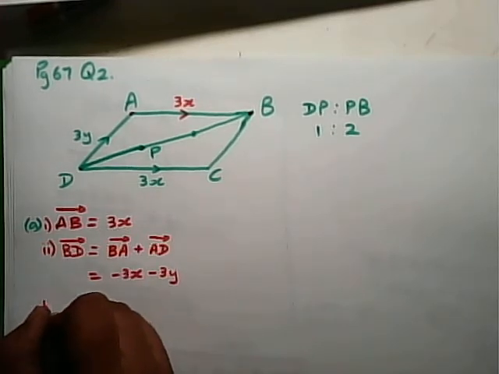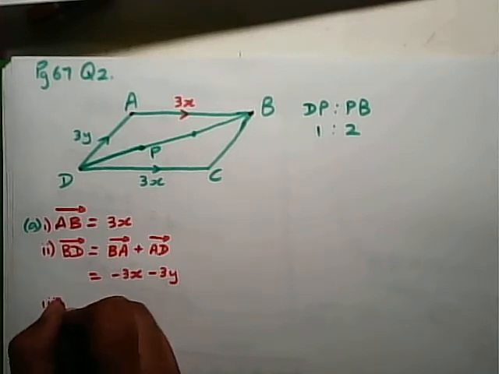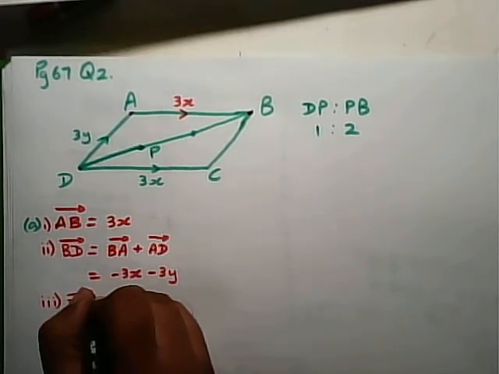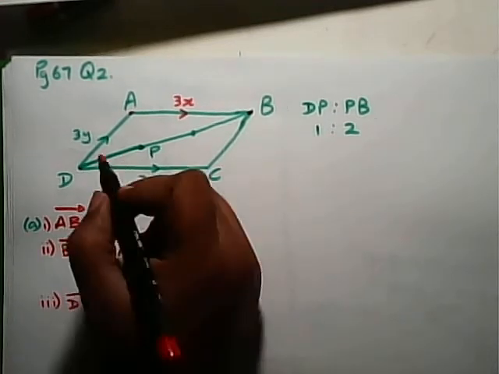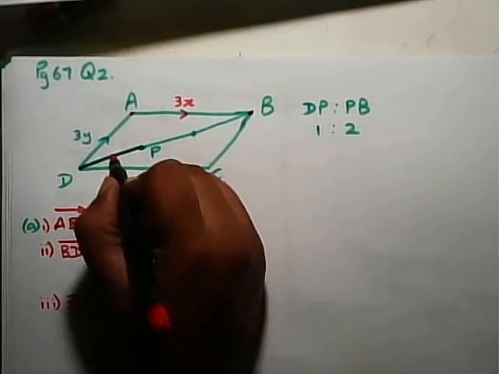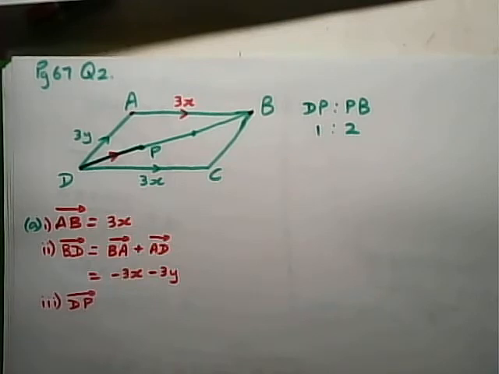Next, part 3. We have to work out DP. We want to get this arrow here, DP.